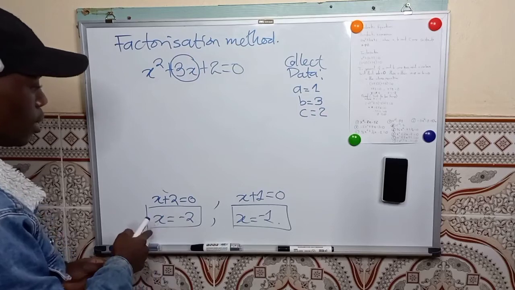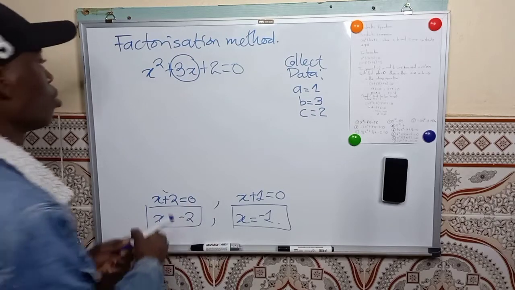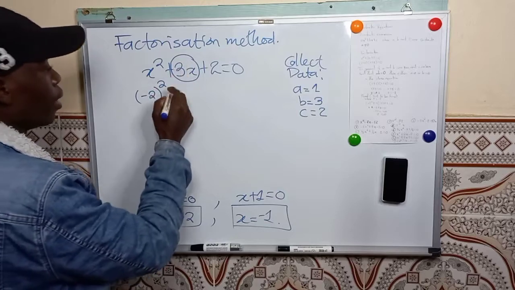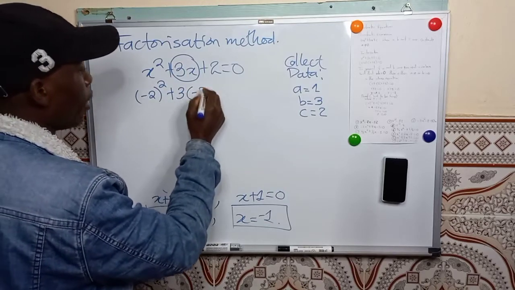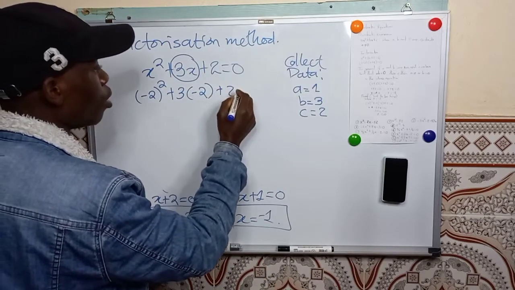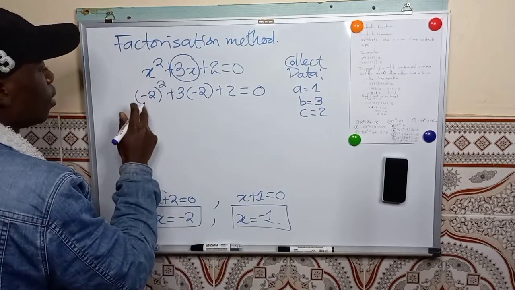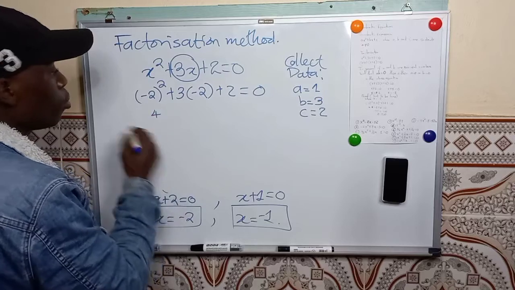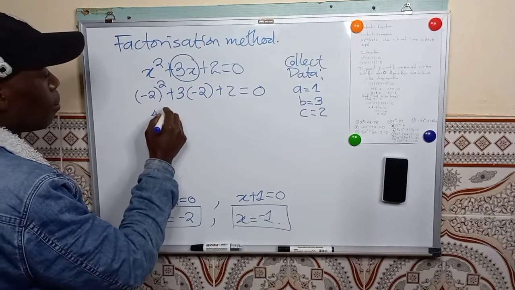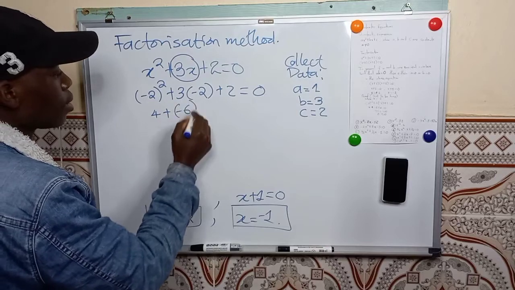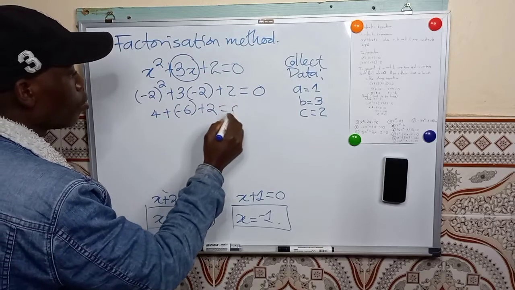For example, take x is equal to -2. Where there's x, you put -2. So (-2) squared plus 3(-2) plus 2 should be equal to 0. (-2) squared is 4, plus 3 times -2, this is -6, plus 2, which is equal to 0.